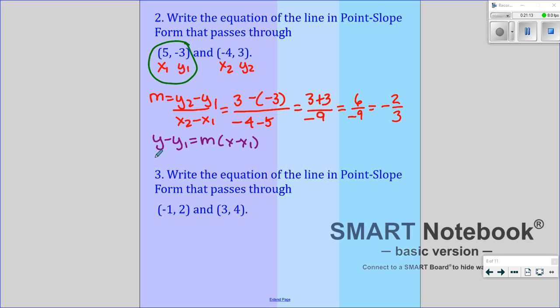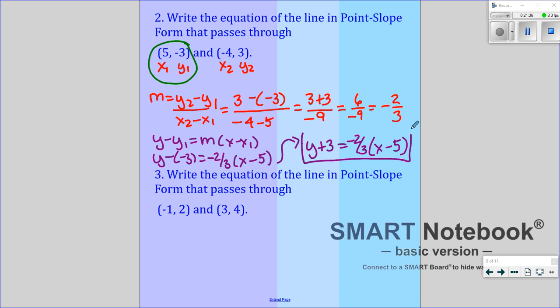So it would be y minus negative 3 equals, and then the slope is negative 2 over 3 times x minus 5. And then I'm going to simplify. So it would be y plus 3 equals negative 2 over 3 times x minus 5. And there's my point slope form. And that point was falling on this line.